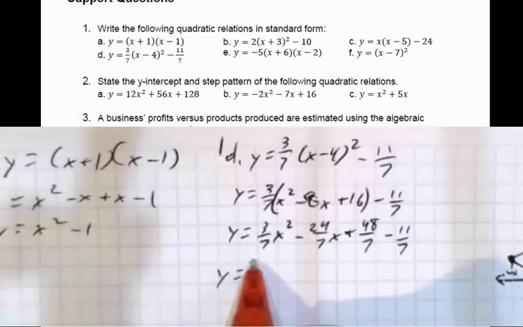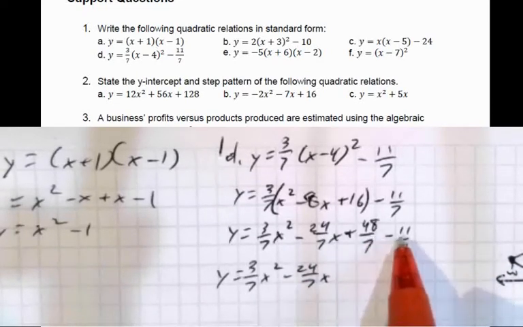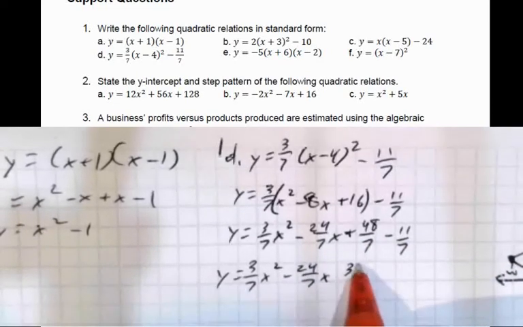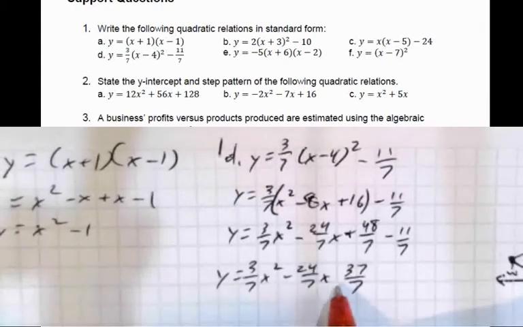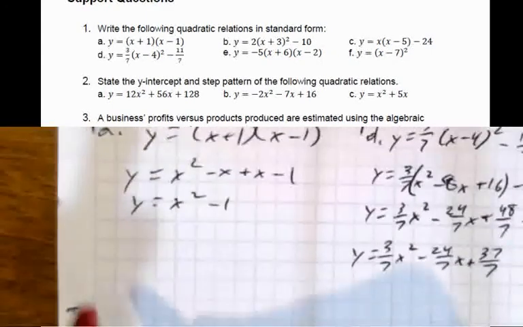And we just simply, everything's going to be over 7 in this case. 48 minus 11 is 37 over 7, and there's a plus between there. So in this case, we have 3 over 7 as our A term, negative 24 over 7 as our B term, and 37 over 7 as our C term. If any of those would divide by 7, we could simplify that even further. But in this case, they didn't.